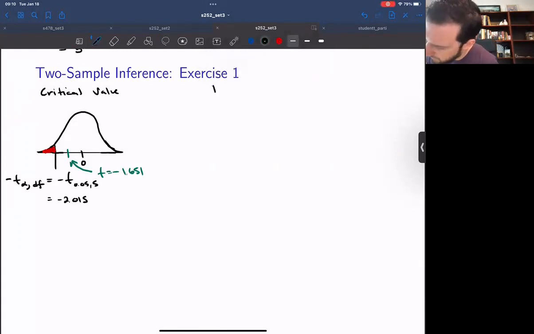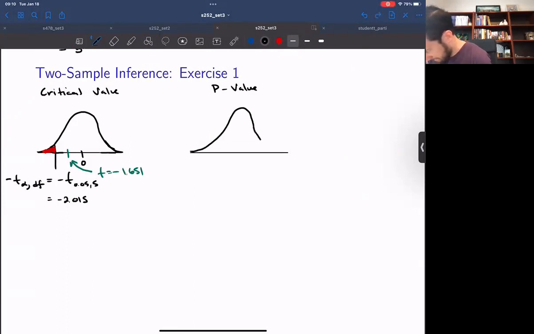All right. If we take our p-value approach, okay, so we mark down where our test statistic is.